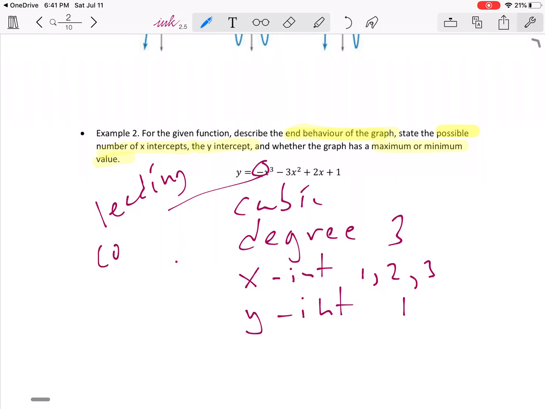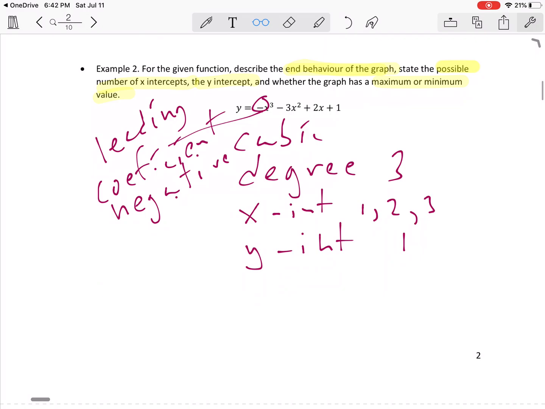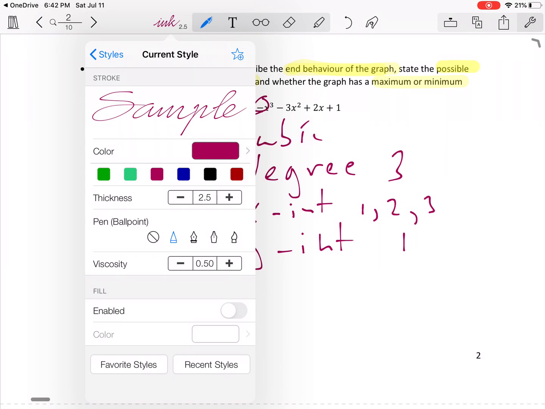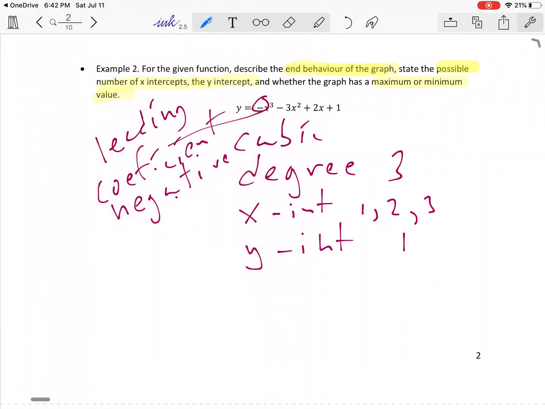Okay, so if the leading coefficient is negative, then one way that we can help figure out how this graph is behaving is that if you're talking about a cubic, which is odd, and it's negative, then this is going to follow similarly to y equals negative x. Okay, so that is to say that the behavior of this cubic function will mimic y equals negative x.